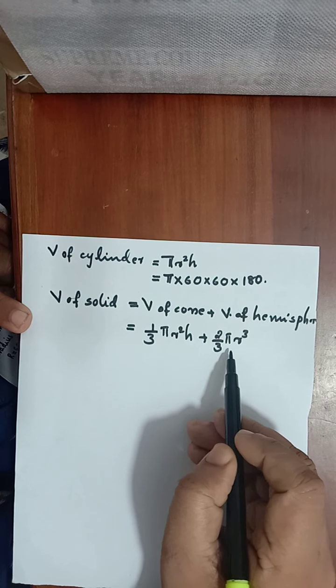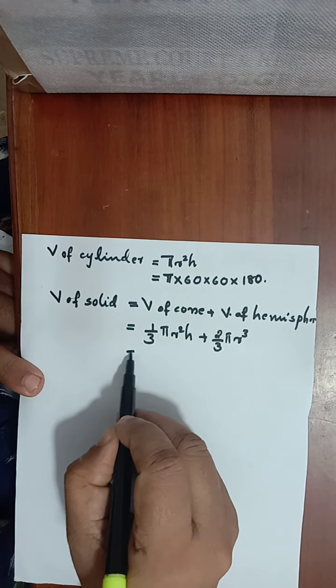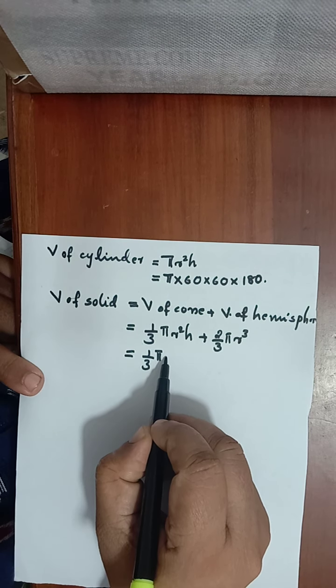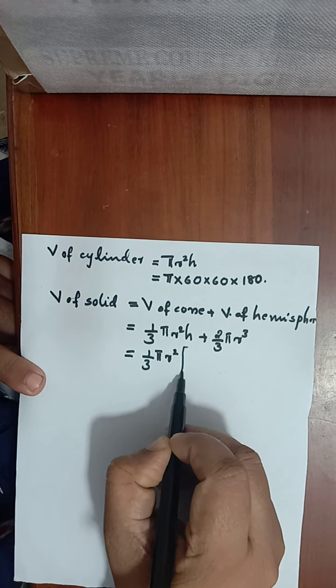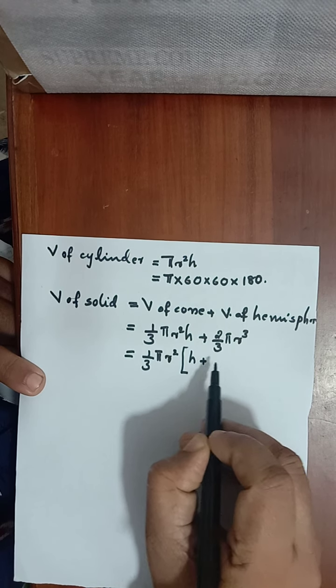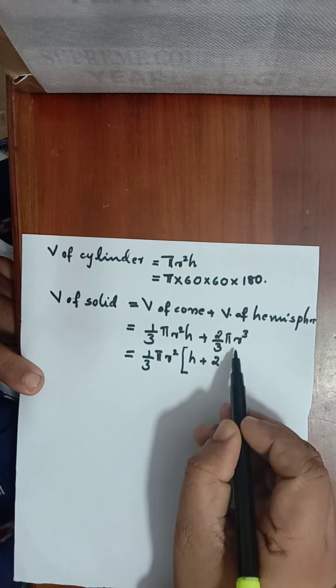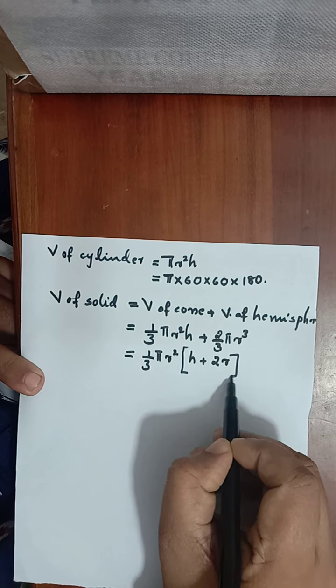Here r is the same for all these. So let us take it outside. 1 by 3 pi r square can be taken outside: h plus, and we are remaining with the 2r.